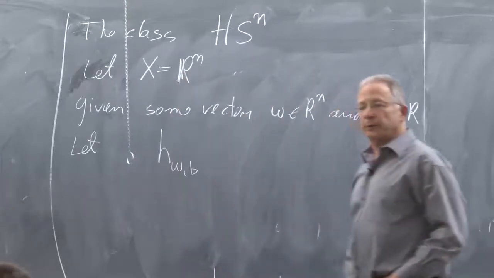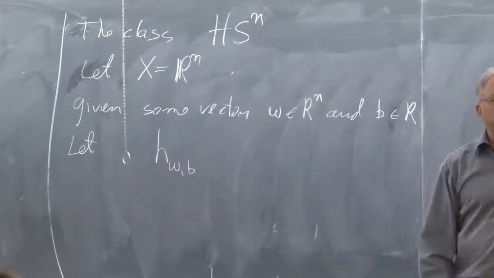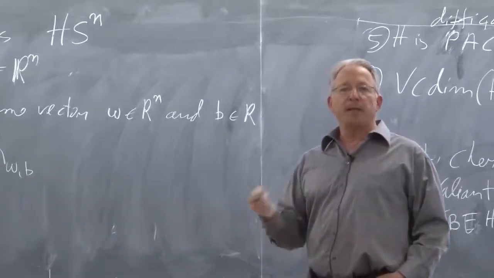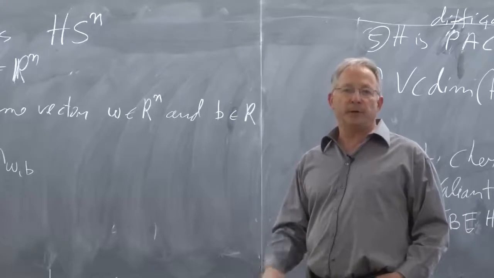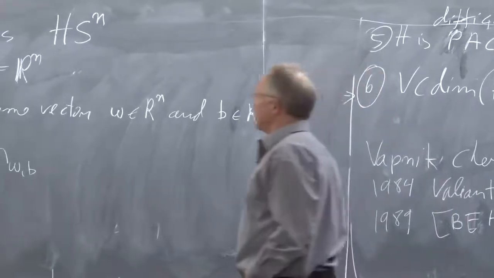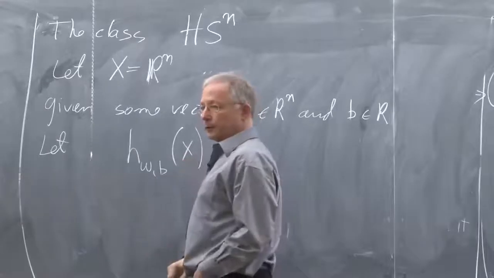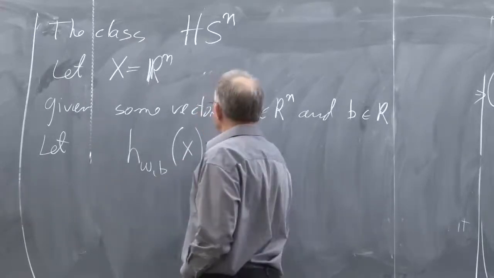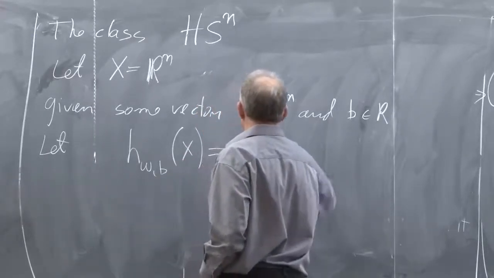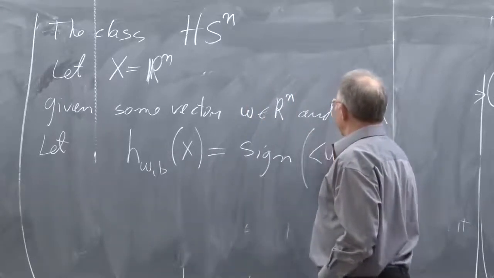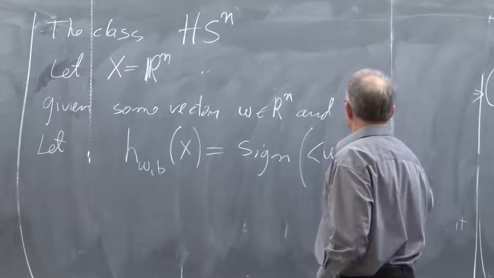Now I want to define a function that uses these parameters and gives a label to every point. So H of x, where x is also a vector in Rn, is going to be the sign of W x plus b.